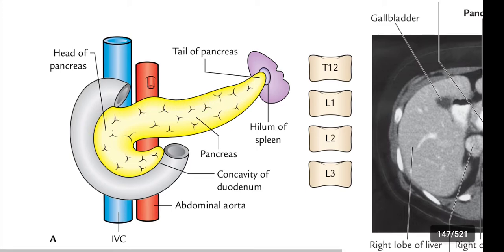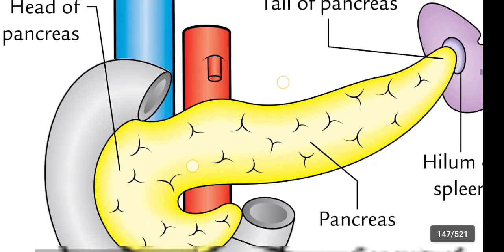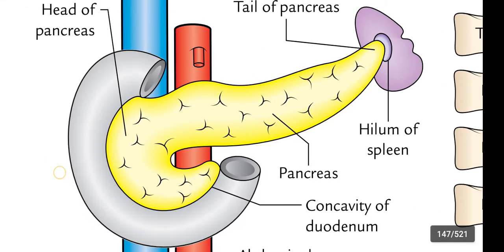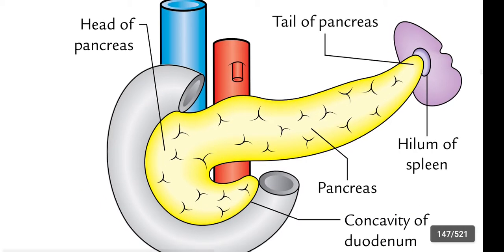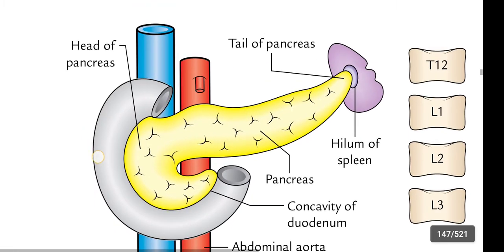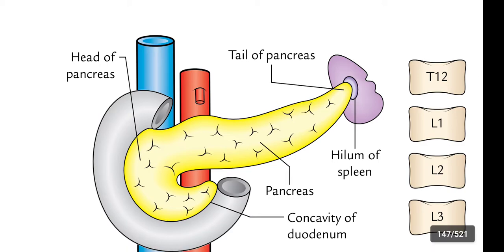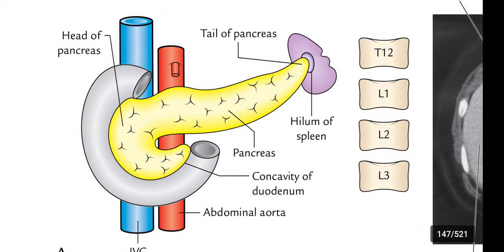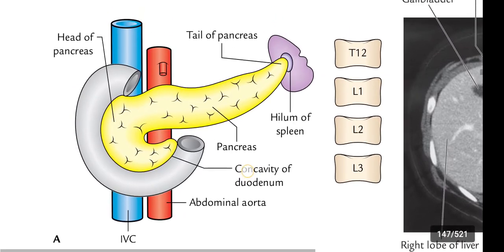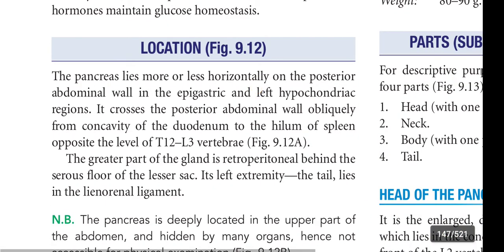You may observe here that it moves from the head of the pancreas, the concavity of the duodenum, to the hilum of the spleen, and it lies between T12 to L3.